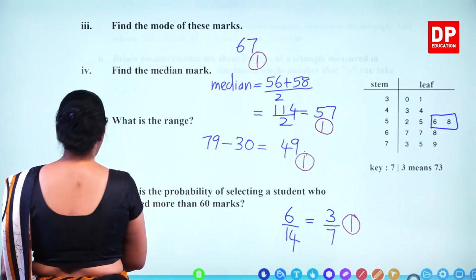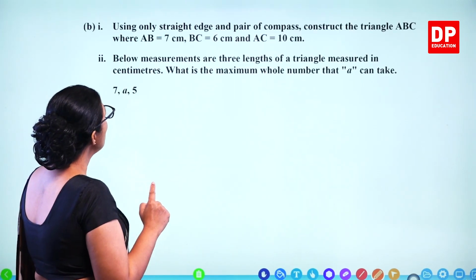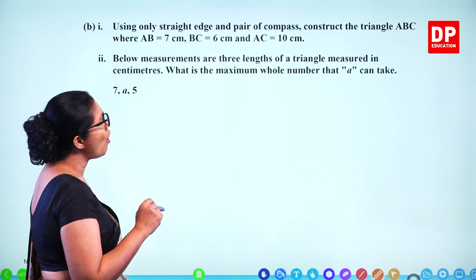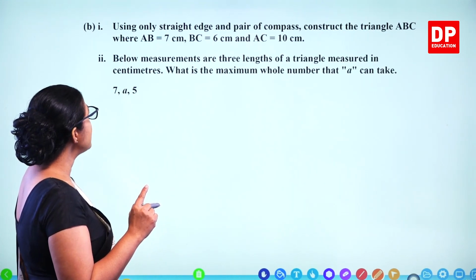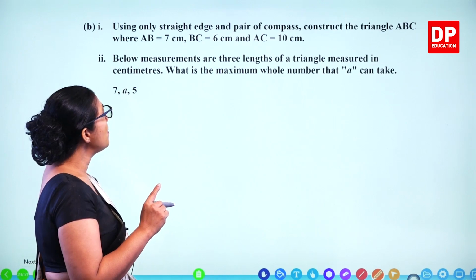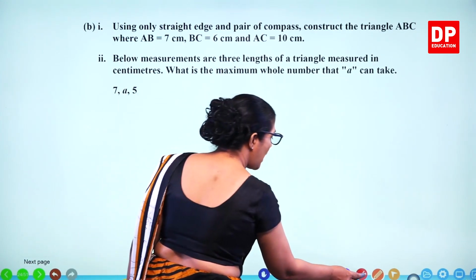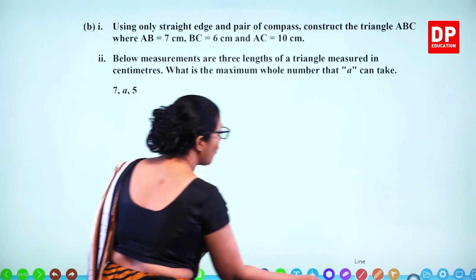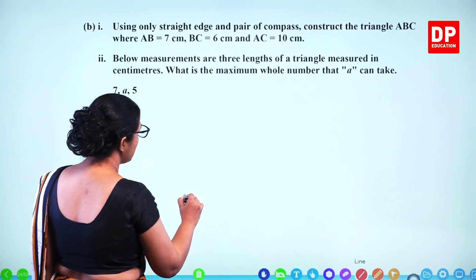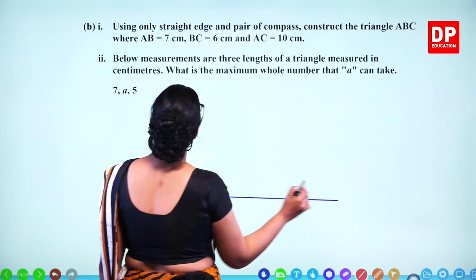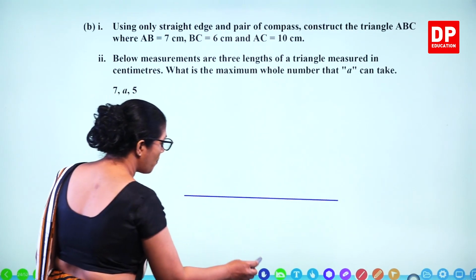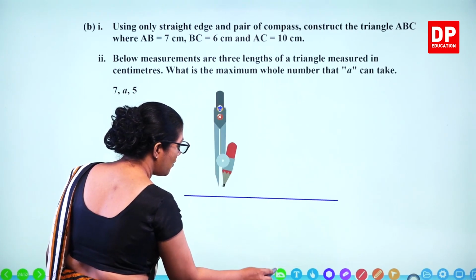Let's take the next one. Part B. Using only straight edge and pair of compass, construct the triangle ABC, where AB is 7, BC is 6 and AC 10. So let's do that now. First you can draw a line segment. And then you can take the compass and the ruler.